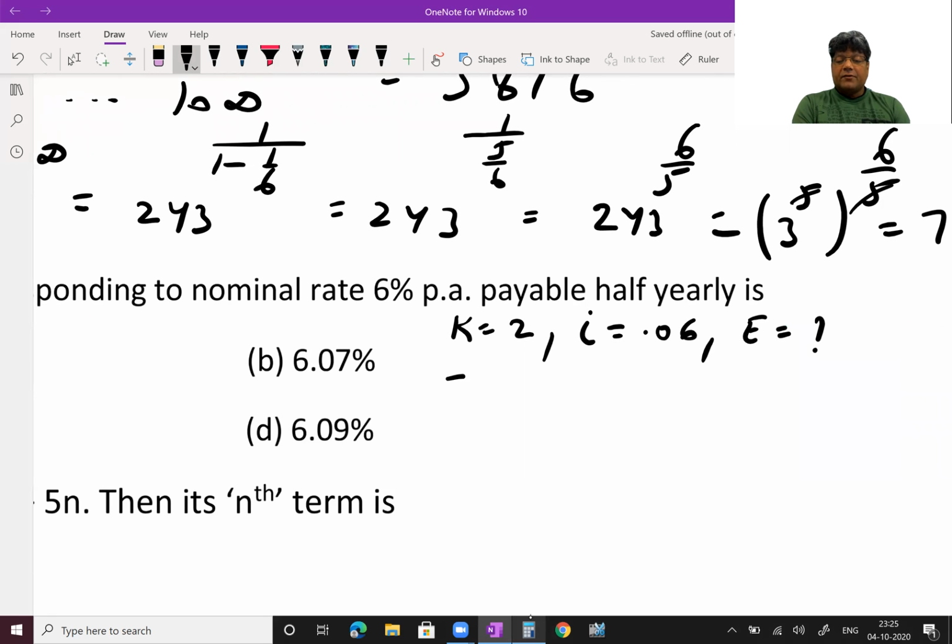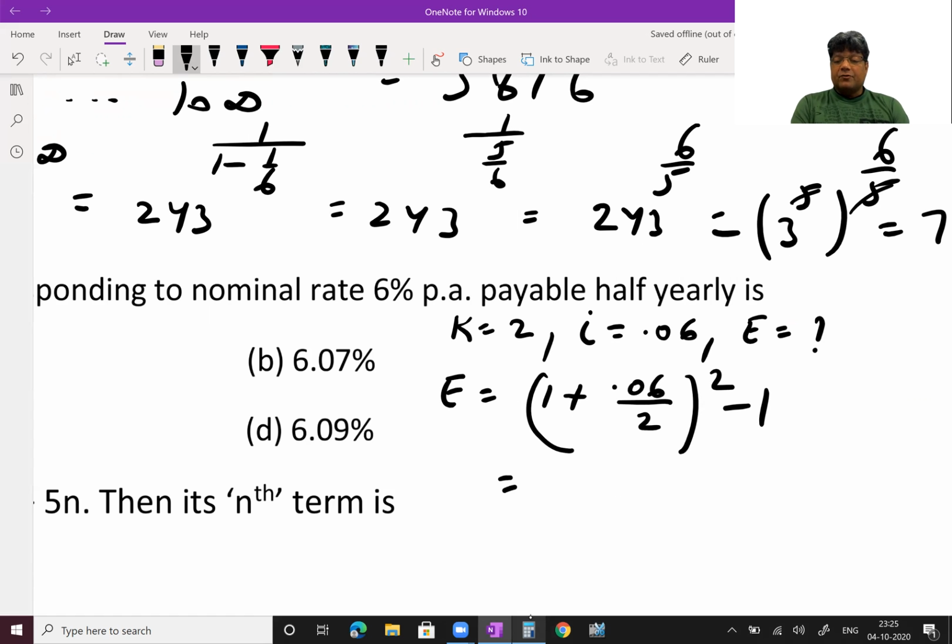So effective rate of interest calculation formula, if you remember, it was 1 plus I by K, your I 0.06 by K, that is 2, whole to the power K, that is 2, minus 1.